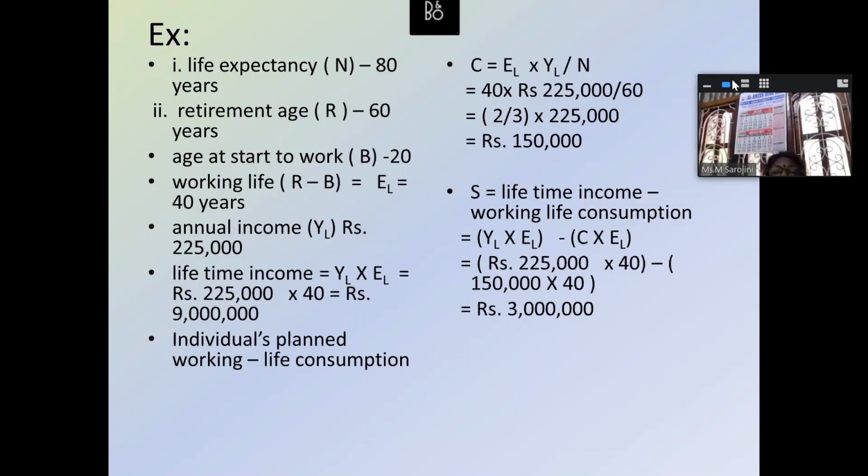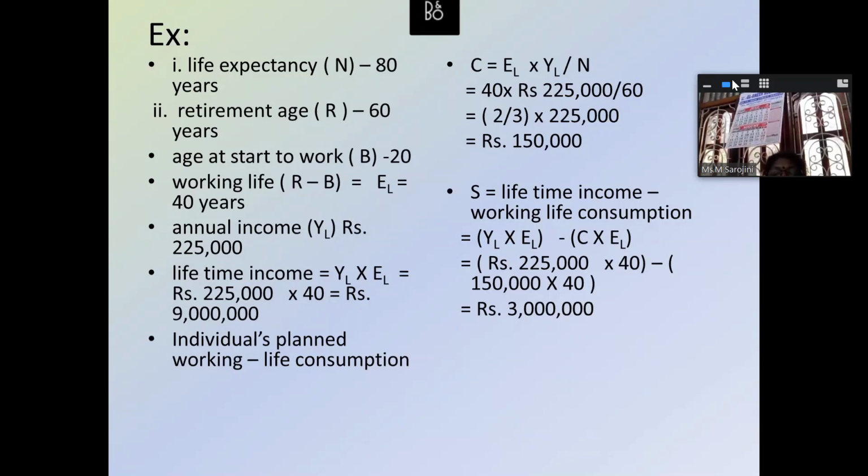That is 80, life expectancy is 80. He is starting his work at 20. He is going to spend his earning money for 60 years. Only 40 years he is earning, but for 60 years he is going to spend that 40 years of money. That second one you have to find.